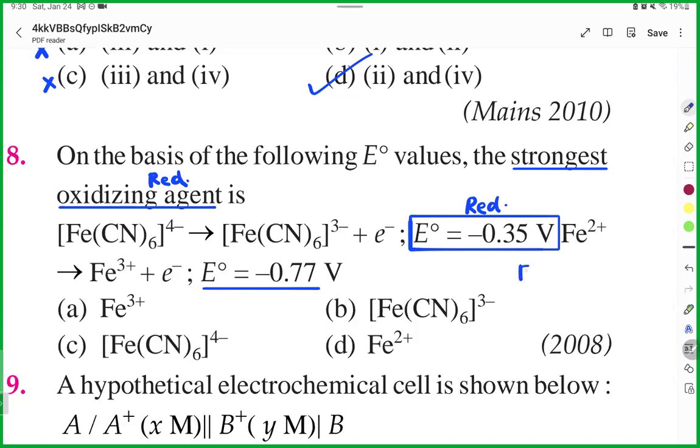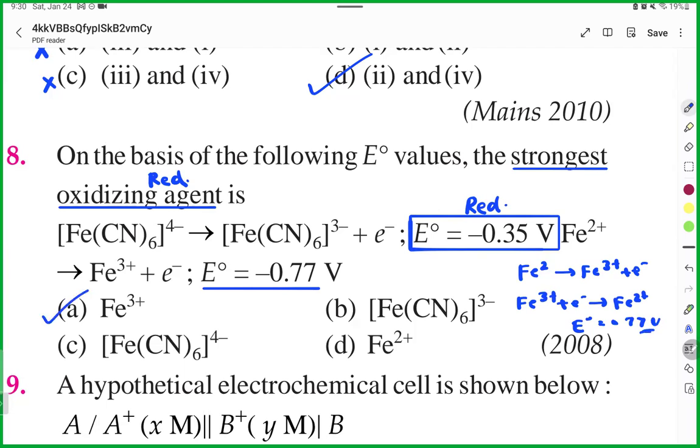See, Fe2 positive converts into Fe3 positive plus one electron. So this is oxidation. If you make it ulta, Fe3 positive gains one electron and converts into Fe2 positive. So what will be the value? Plus 0.77.